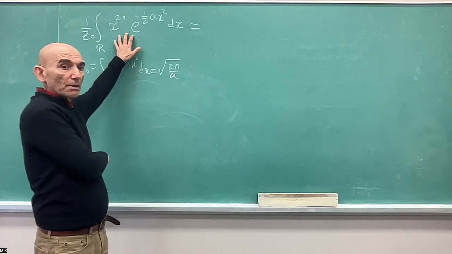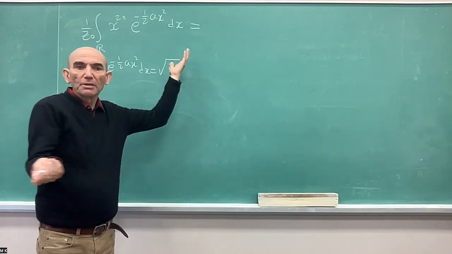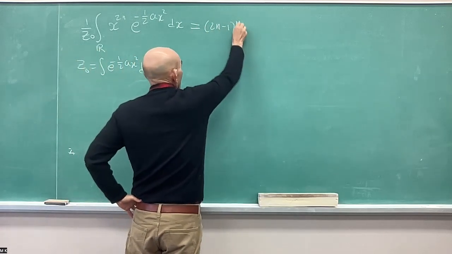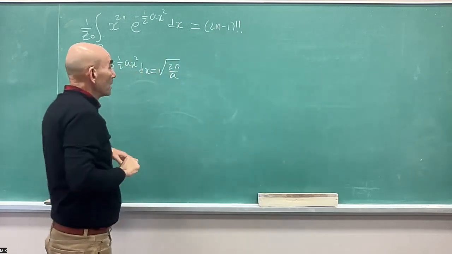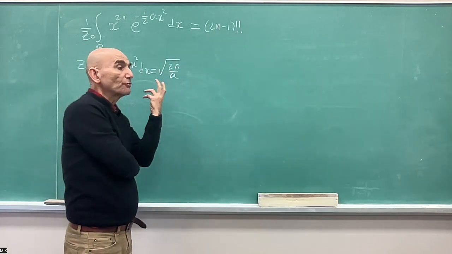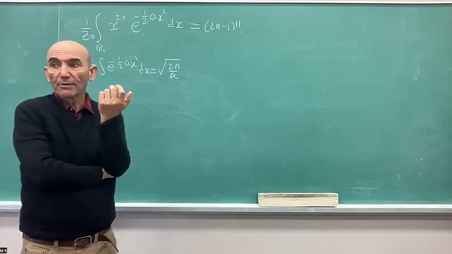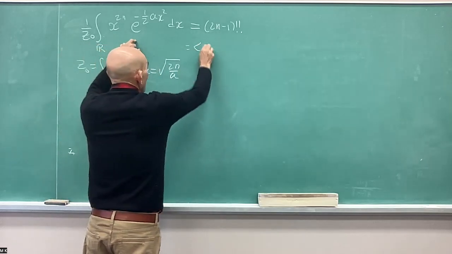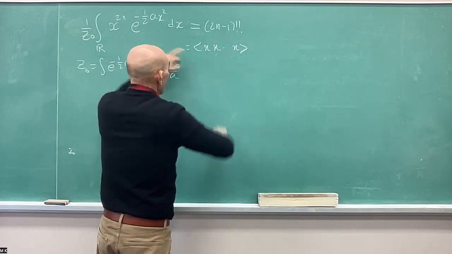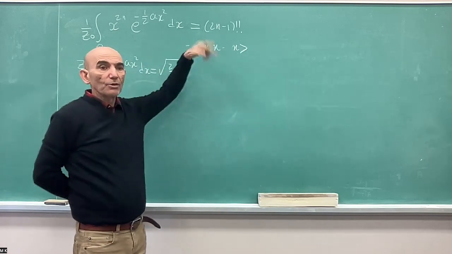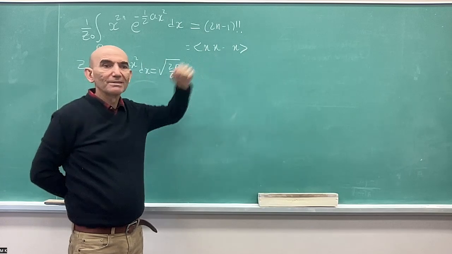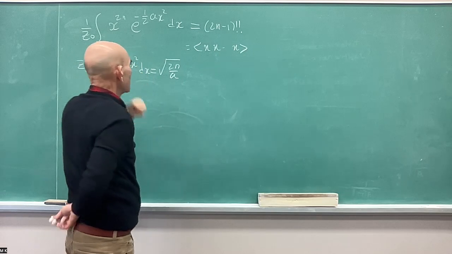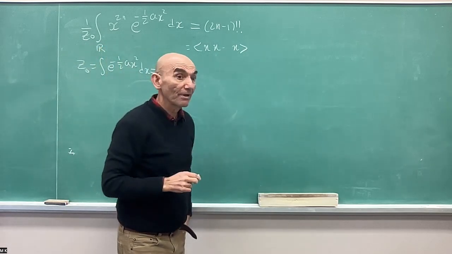So what is this quantity now? It's 2n minus 1 double factorial, right? We have 2n minus 1 double factorial pairings. But the thing is, all weightings are the same, so there should be a factor of A also on the right hand side, a factor of A inverse.